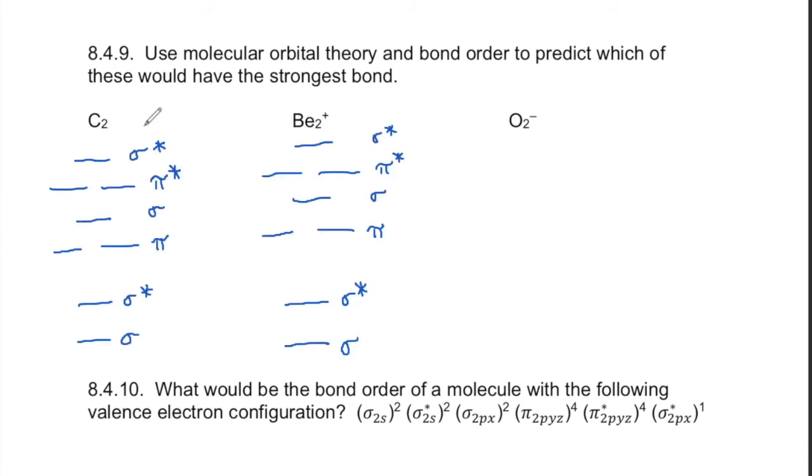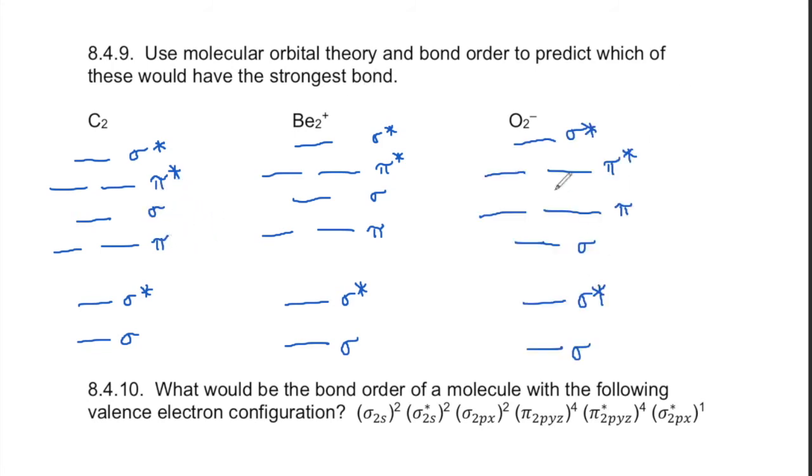For beryllium and carbon, I'm going to draw them in the order that has this sp mixing, with the sigma bonding higher in energy than the pi bonding. And for the oxygen, I'm going to draw the molecular orbitals that have the sigma lower in energy than the pi bonding of the p up here. So these are the ones that change places in their energy level when you have sp mixing.